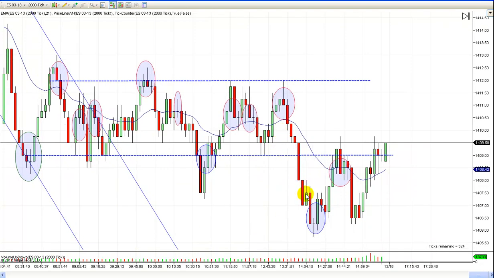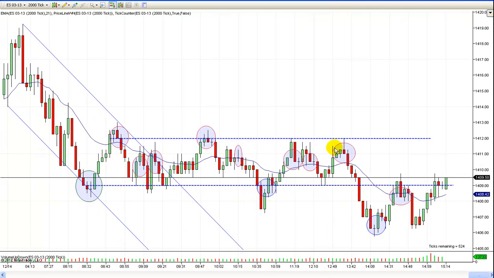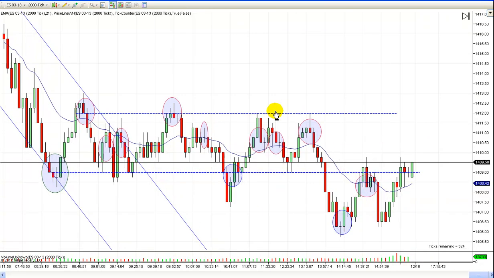This little breakout here really tricked me a little bit, and I'll tell you why. Because normally before you break lower, even if you're going lower, you'll have a failed breakout at the top that traps everybody, and we never really got that today. We couldn't get back and make a higher high. Each one of these highs is about the same across here. So you didn't get a trap before you broke lower.